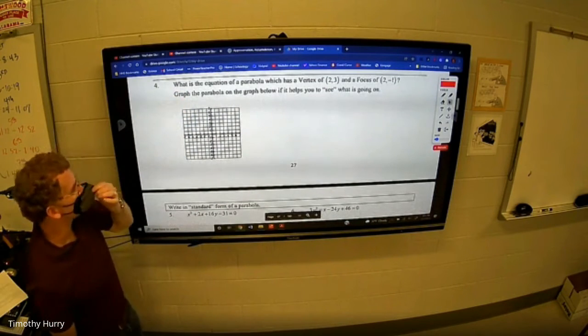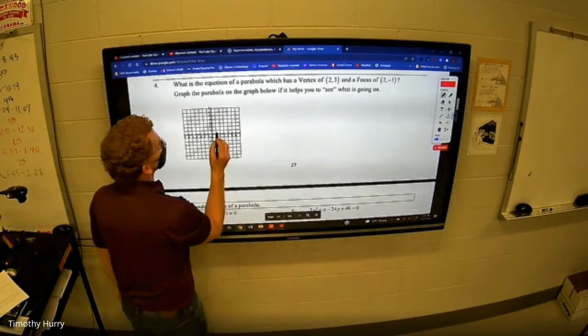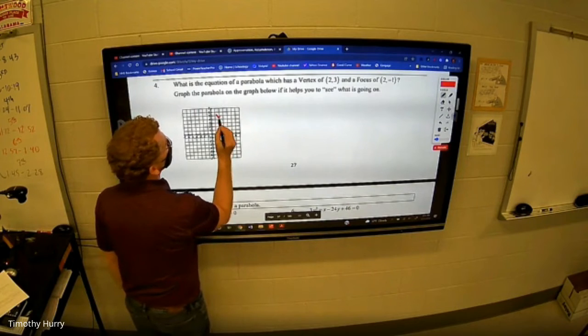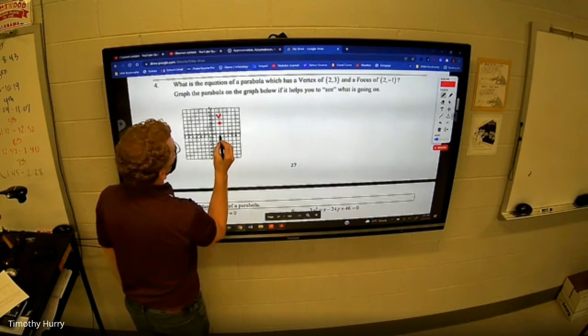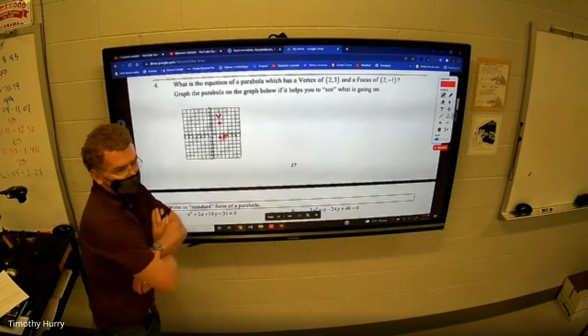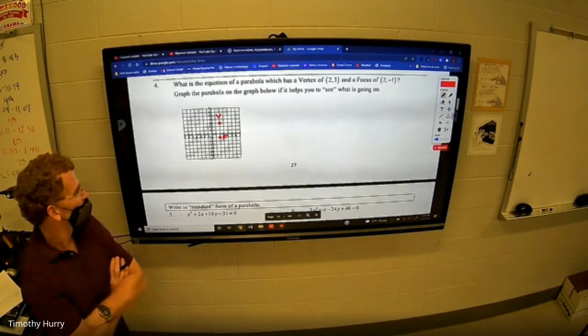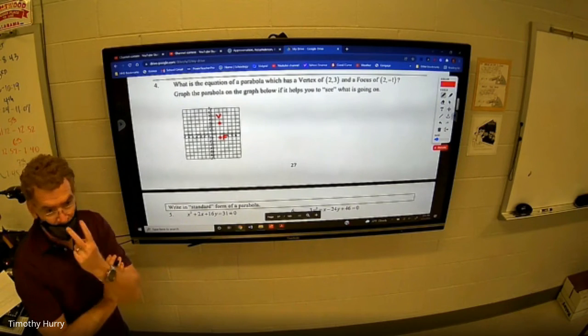What is the equation of a parabola with the vertex of 2, 3? So I'm going 2, 3 for the vertex, and 2, -1 for your focus. So which way is this graph going? Down, because you lead with your focus, right?